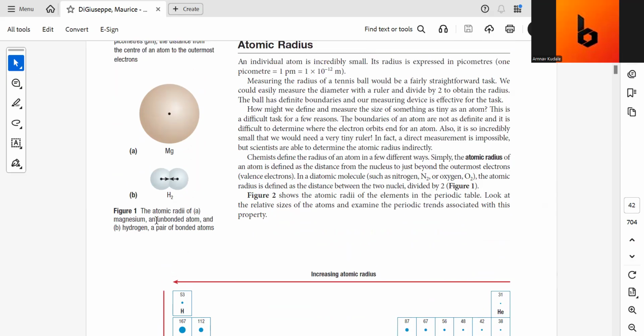Now there is another concept: one is atomic radius, the other is bond length.